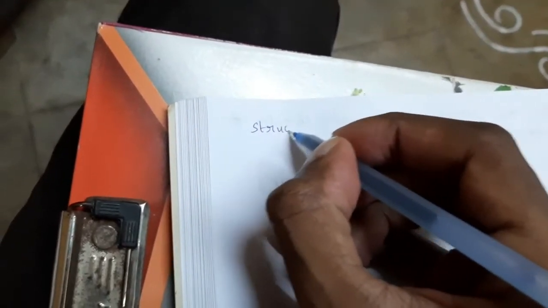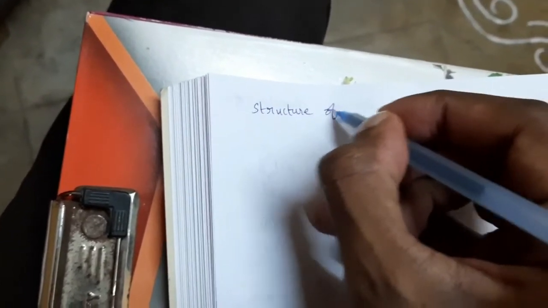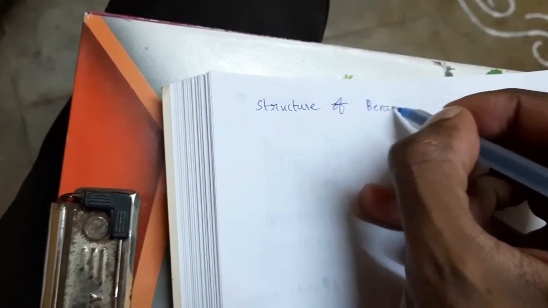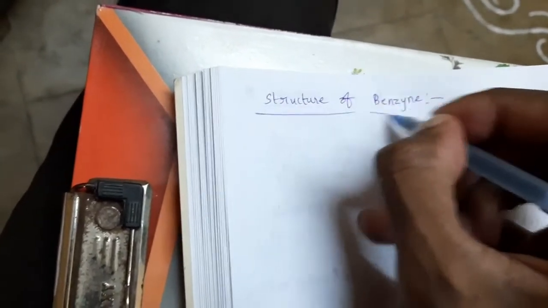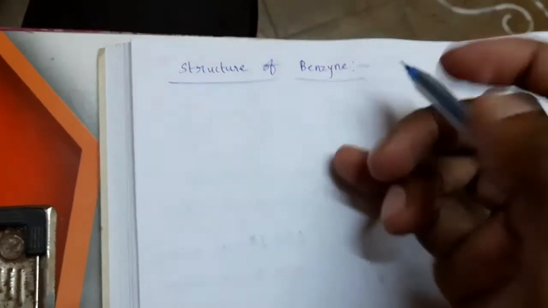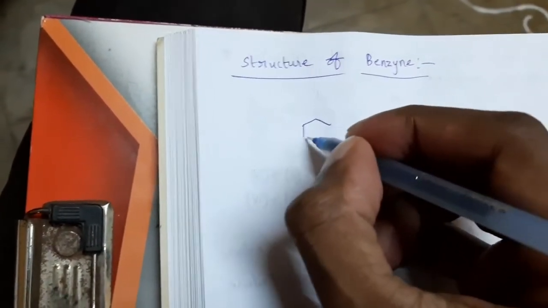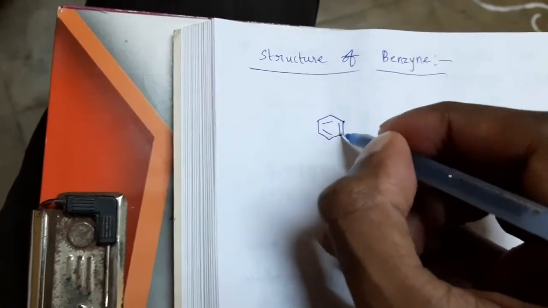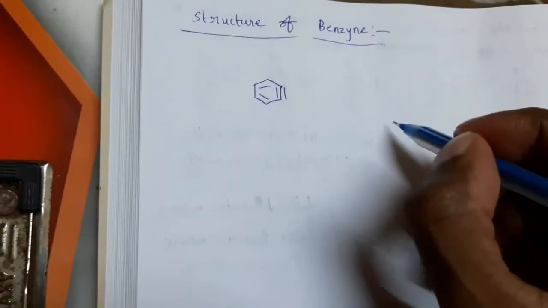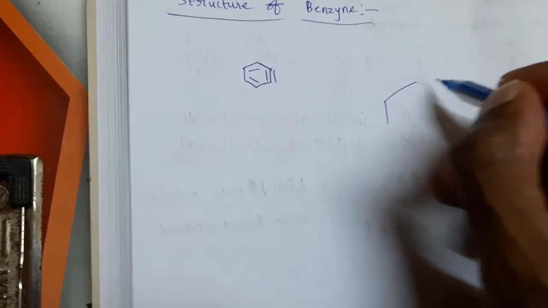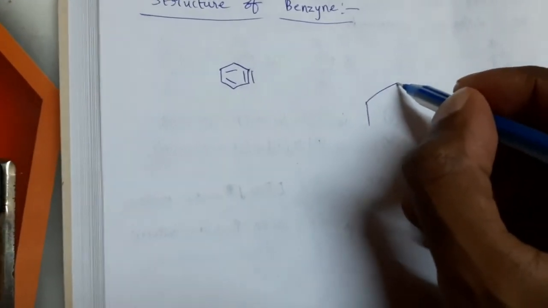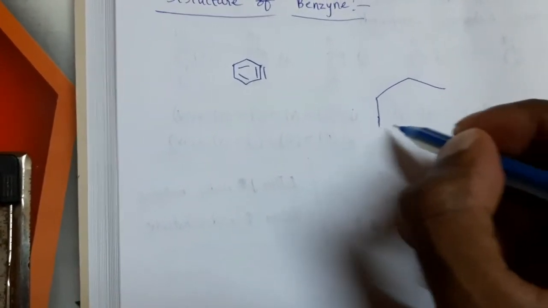See here, structure of benzyne. In benzyne, a triple bond is there, that is called benzyne. This is the structure. Now we write this structure in a larger size to indicate orbital overlapping.